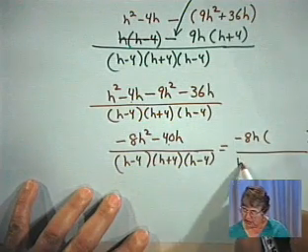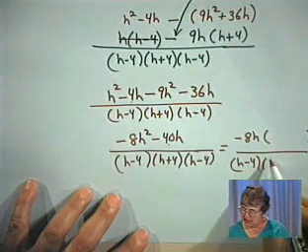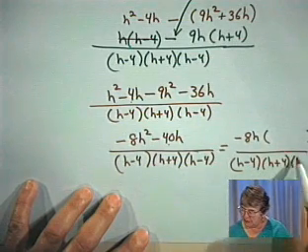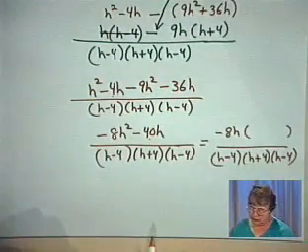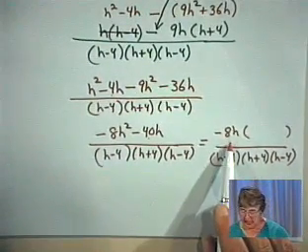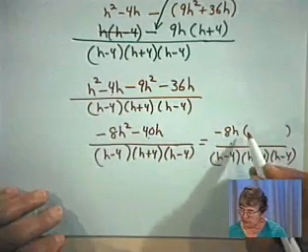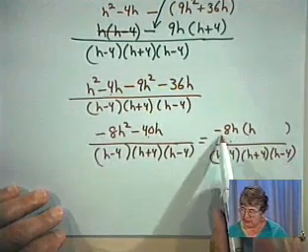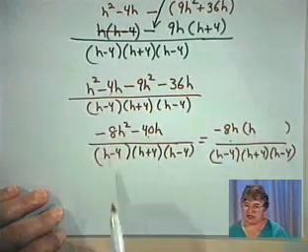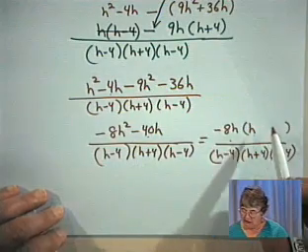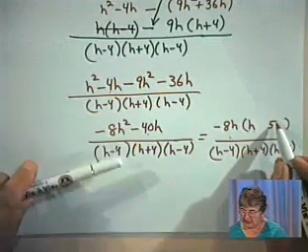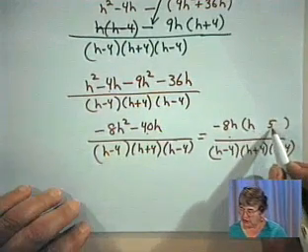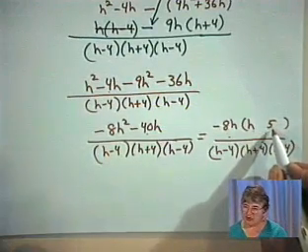When you're factoring out a negative, be really careful, because this is one of the places where you may have some trouble. So if I factor a negative 8h from this first term, it's negative 8h squared, so I have an h left, but now be really careful.